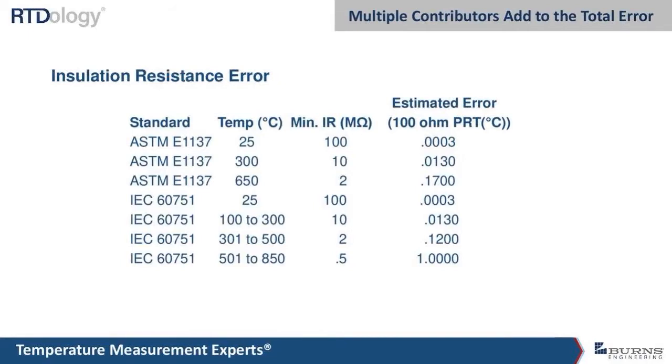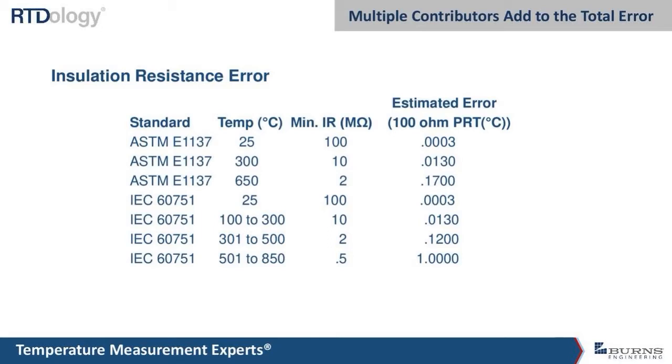And that's where you'll notice it the most. If we look at all the different temperature ranges and the potential error on this table, you can see that as you go up in temperature, the insulation resistance is naturally going to drop, because the electrical resistance of those insulating materials decreases with temperature.